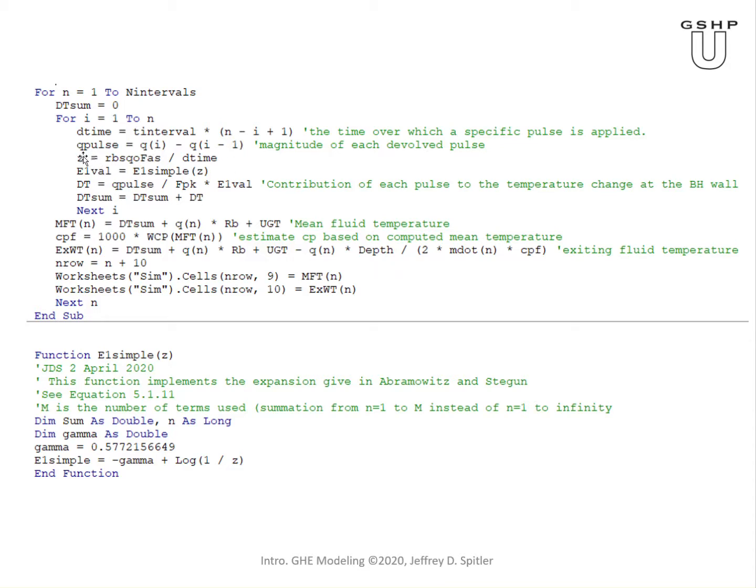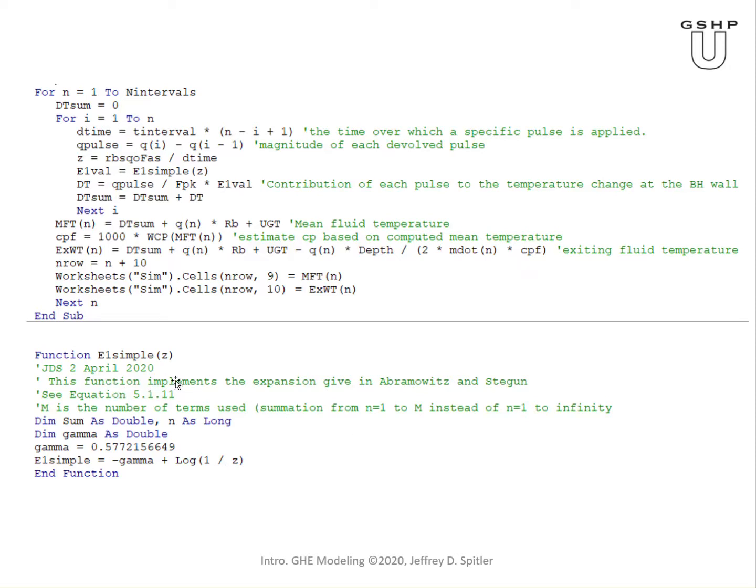The argument to the exponential integral, the E sub 1, is the borehole radius squared divided by 4 alpha times this time. This is all constant, it doesn't change, so I just divide it by the time duration here. Calculate using this simple function, and this is the simplest function.